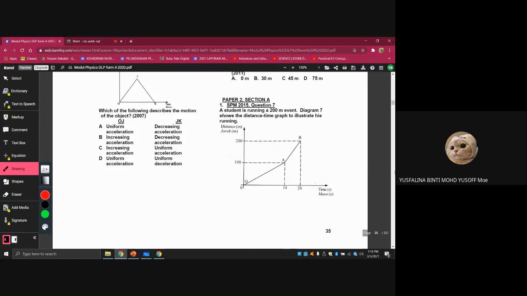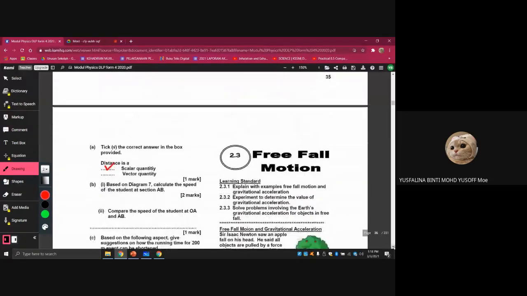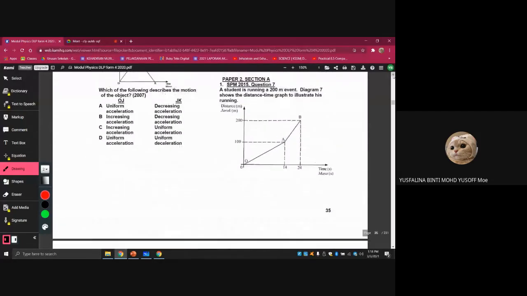Right. Okay, so let's see the next one. Calculate the speed. So the speed is the gradient. First, what I have told you before, you have to put the coordinates here. So (14, 0) and this one is (24, 200). This one is x1, y1, x2, y2. And then what I said before, we have to draw the triangle. So how to draw a triangle?